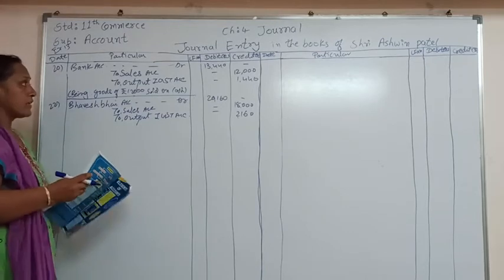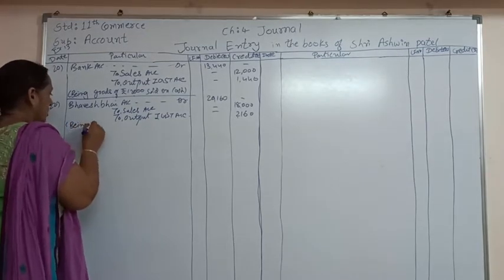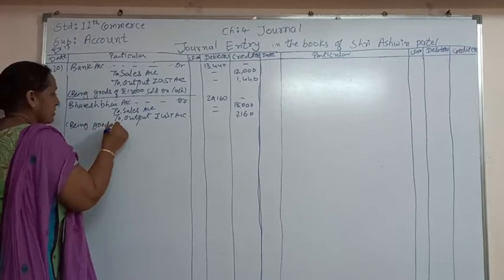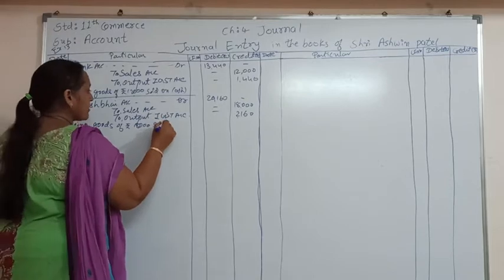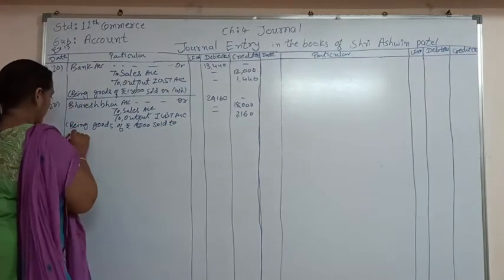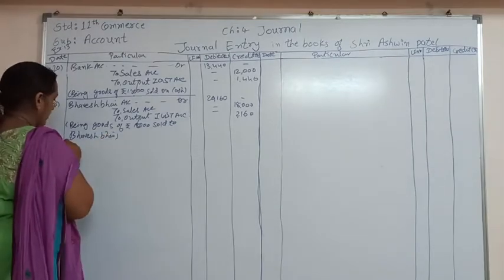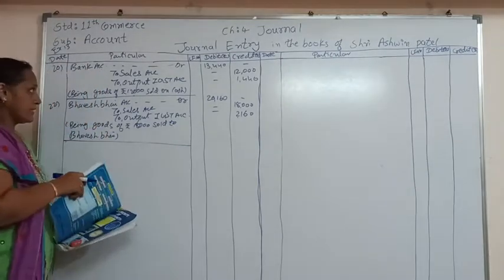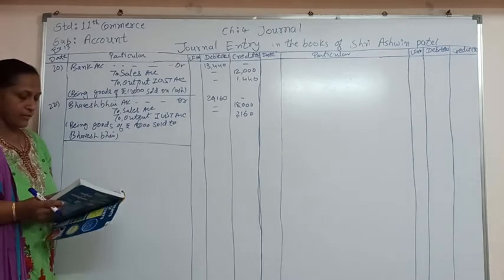Here being goods of rupees 18,000 sold to Bhavesh Bhai. Now let's see the next transaction, and the next transaction is of date 25.